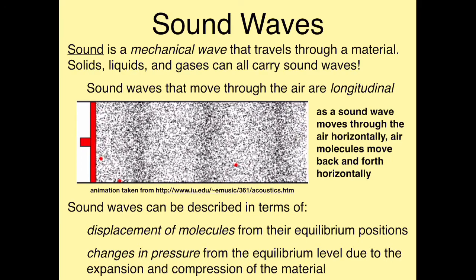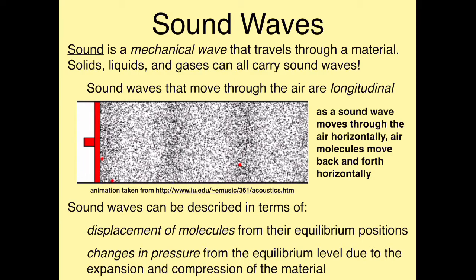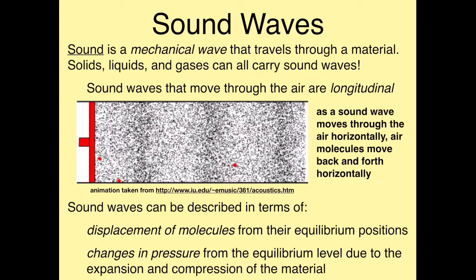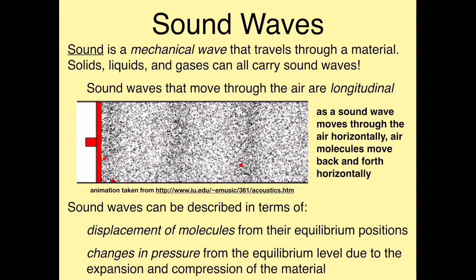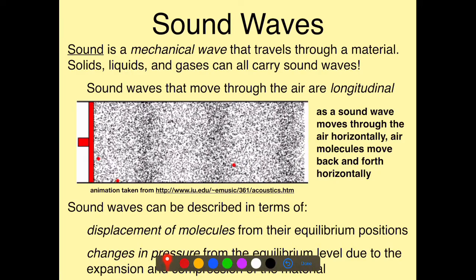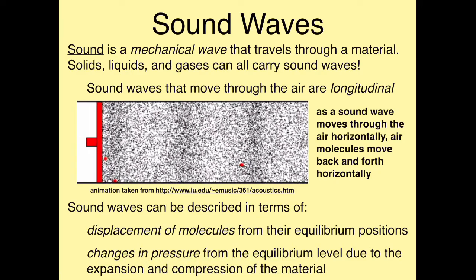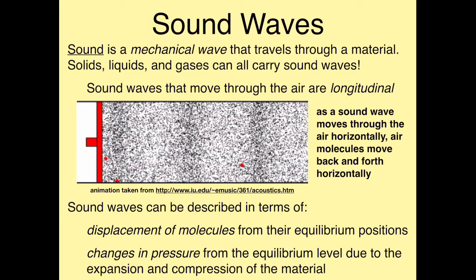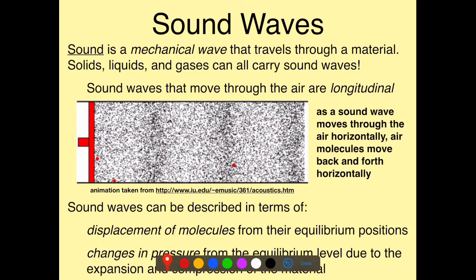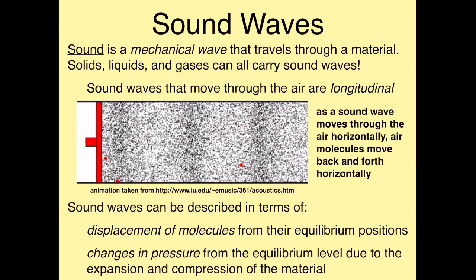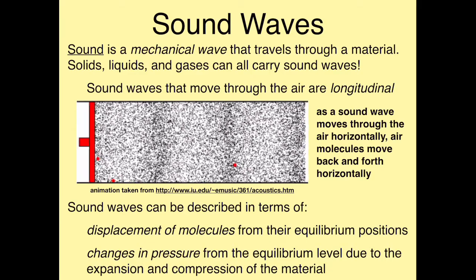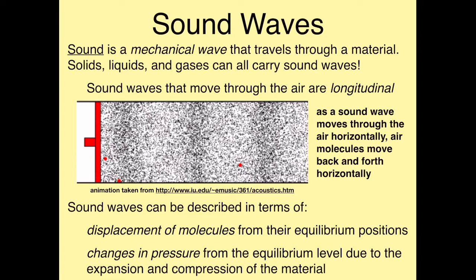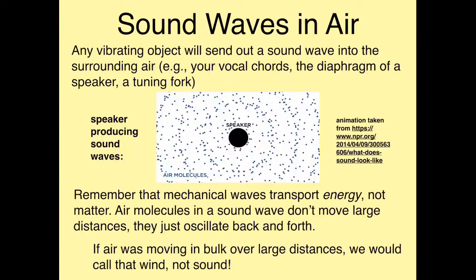Sometimes the air is at a higher pressure, sometimes it's at a lower pressure. So we can describe the sound wave in terms of those changes in pressure due to the expansion and compression of the gas. So in terms of displacement or in terms of changes in pressure, those are two different ways that we can describe a sound wave, and we'll get into both of those two descriptions.